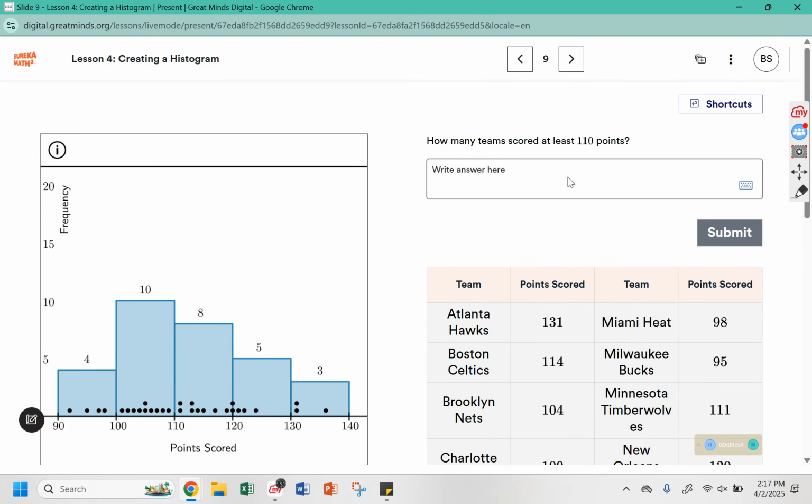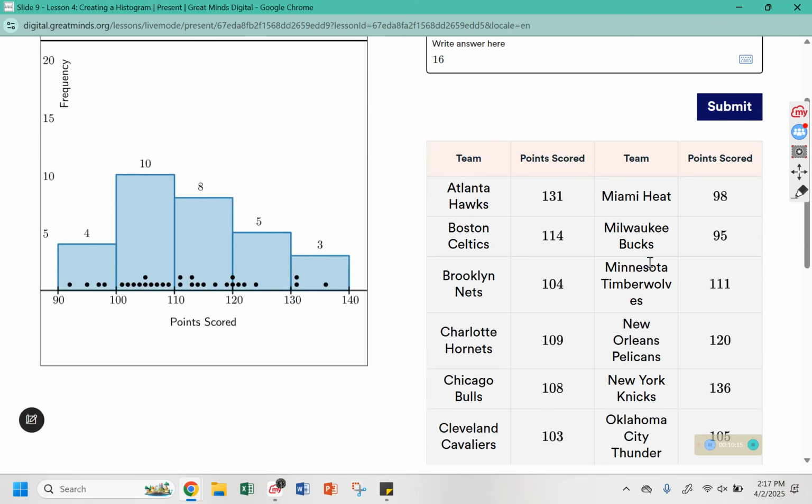How many teams scored at least 110 points? Well, 110 or more, there's 8 plus 5 plus 3 points here. So that is 16 teams that scored at least 110.